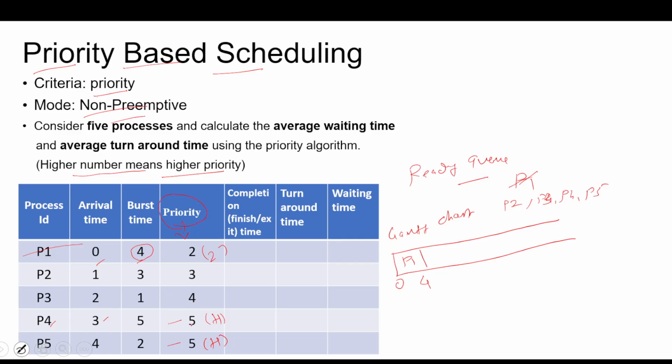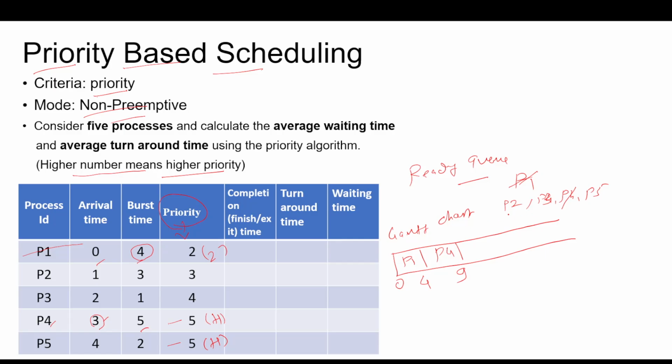Here P4 and P5 have the same priorities, and the arrival timing of process 4 is 3. So we will execute process 4. The burst timing is 5, so 4 plus 5 is 9. That means the P4 process is done.